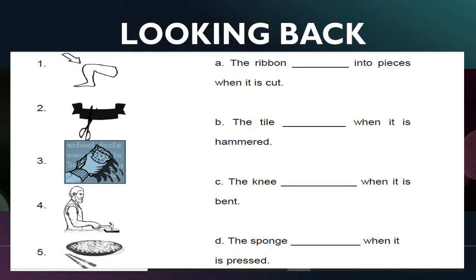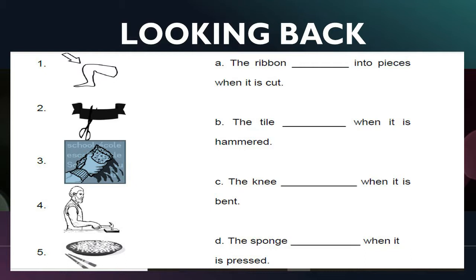In order to answer the looking back, we will read first the choice and then write the letter of the correct answer. After that, we will supply the missing word. Do not worry because I will give you the choices for the missing word. Are you ready?